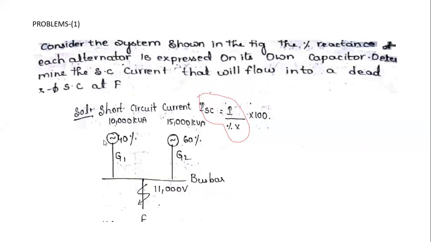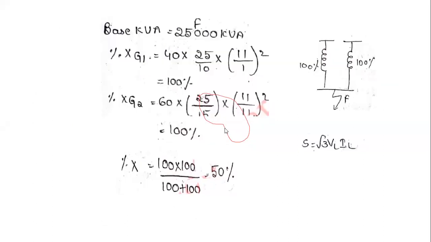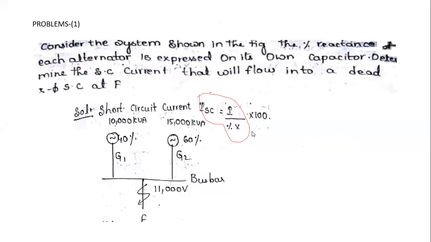What is the kV value? It is 11 kilovolts.